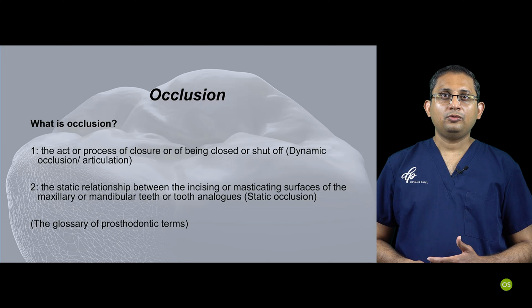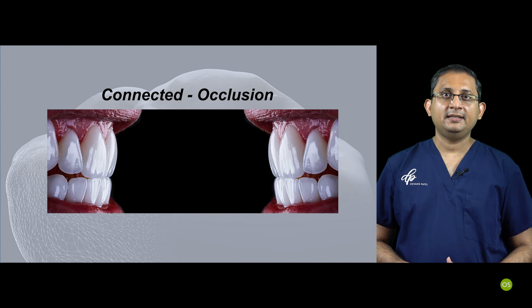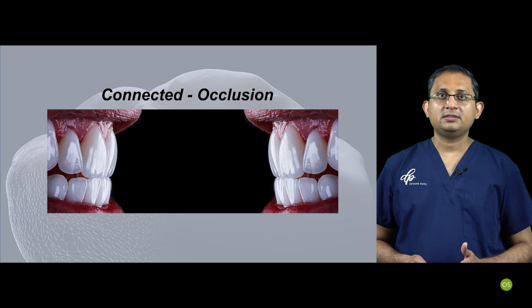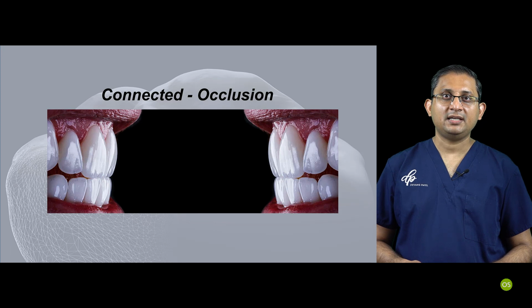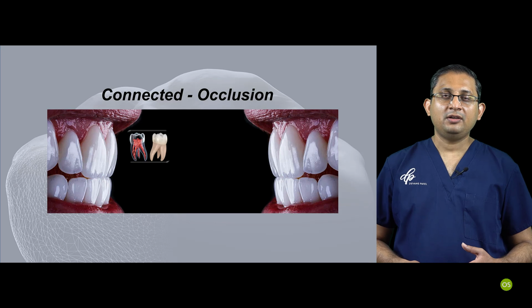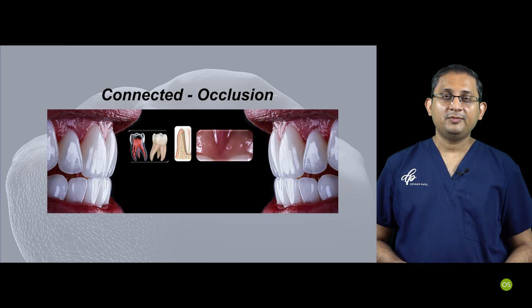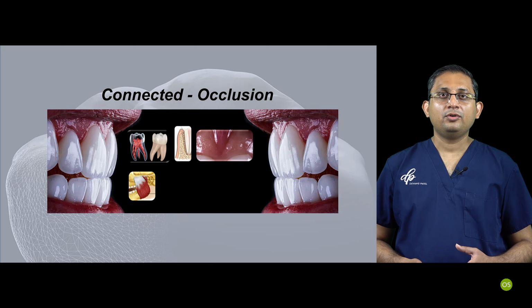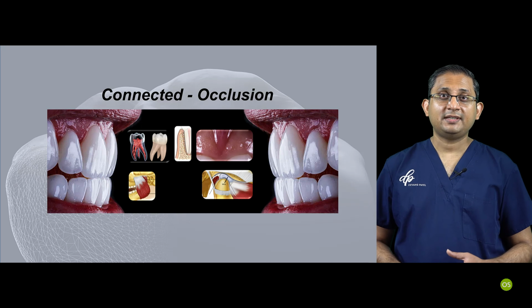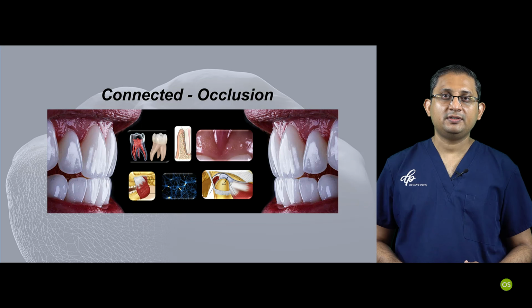So, when you're looking at occlusion, what I would like you to look at is the whole masticatory system, because occlusion doesn't include just teeth or TMJ or muscles of mastication. You can involve in occlusion teeth, periodontal ligament, gums. You can relate to muscles and TMJ, but more importantly, the neuromusculature system.